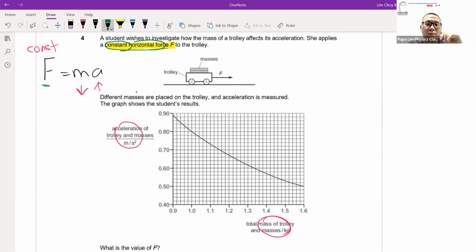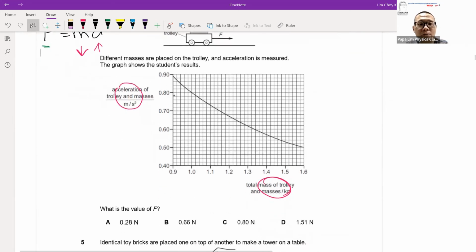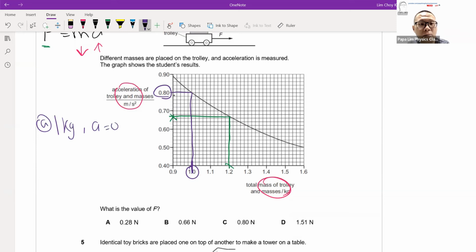What does this graph tell us? For the respective mass, for example a mass of 1.2 kg, the respective acceleration will be this value. Same thing for a mass of 1 kg: the respective acceleration is 0.8 meters per second squared.